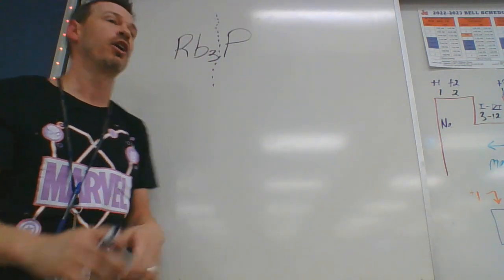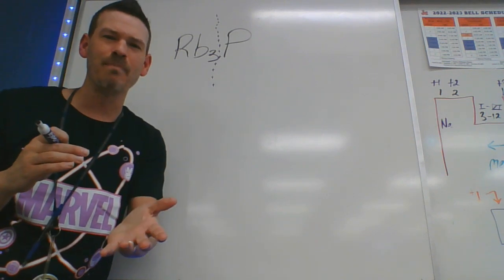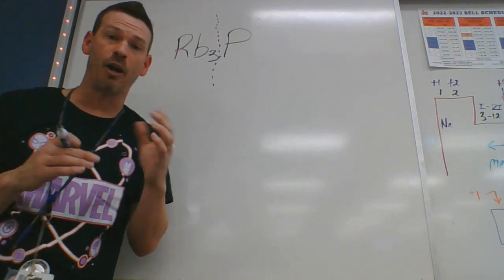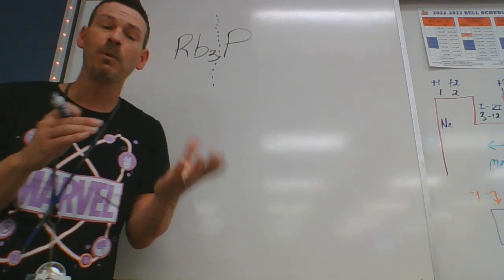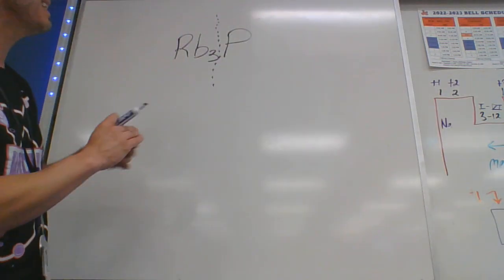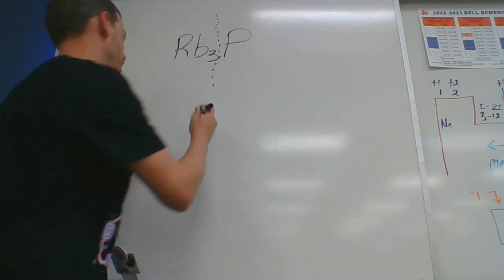Now, if you're sitting there and you're like, well, what about the 3? The numbers don't really matter. The only time the subscripts matter going this direction is if they're polyatomic. It'll help you pinpoint the name from this list sometimes. But like in this case, it doesn't matter. Let me show you. How do you say Rb?